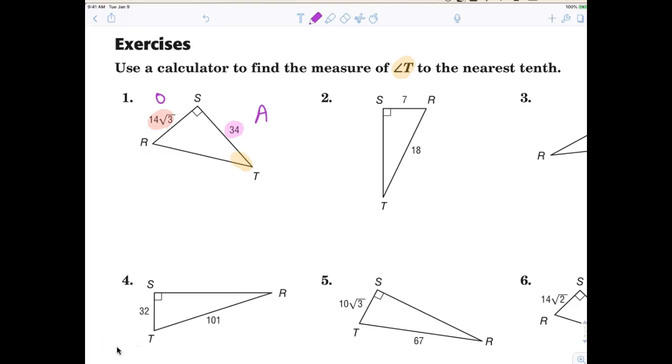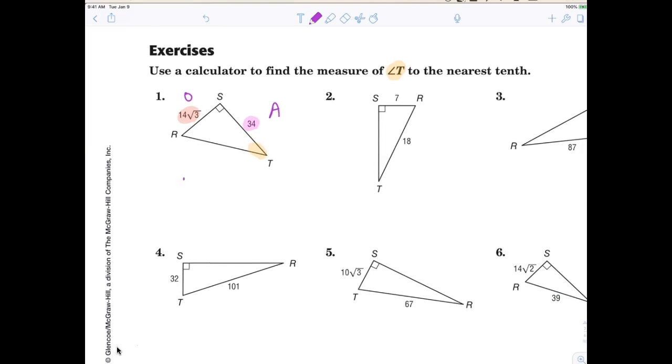Tangent. So everybody's going to write down on their paper: tangent T is equal to 14 radical 3 over 34.